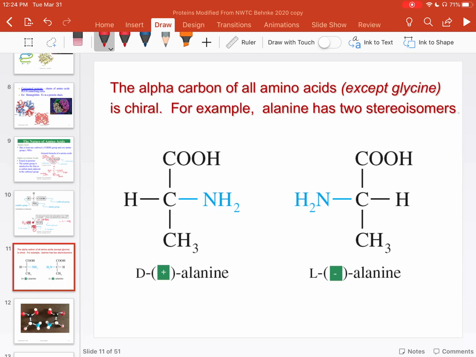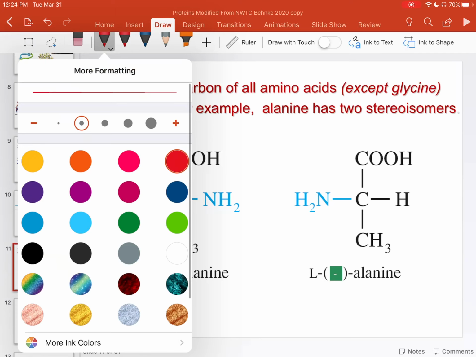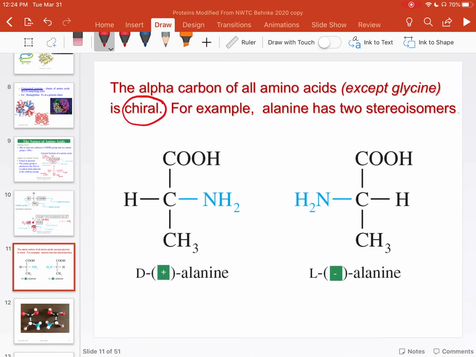And chirality occurs when there are molecules or objects that are mirror images of one another. So if you imagine this as a plane, as a mirror plane, you can look and see that these are mirror images of one another.